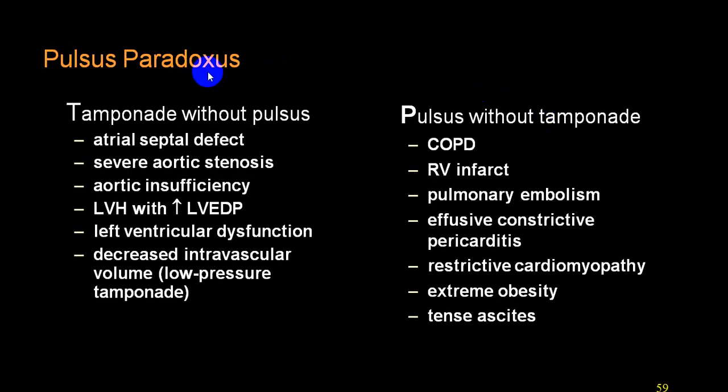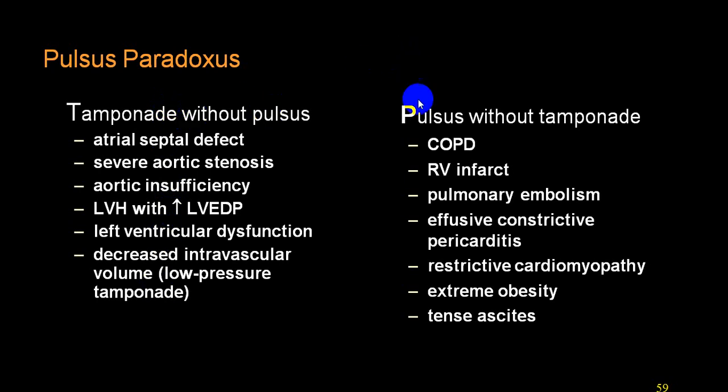Now this is another thing which can be asked to you in your oral. If the person has cardiac tamponade but there is no pulsus paradoxus, it is because there is cardiac tamponade with atrial septal defect, or severe aortic stenosis, aortic regurgitation, or left ventricular dysfunction. It will be without pulsus paradoxus.